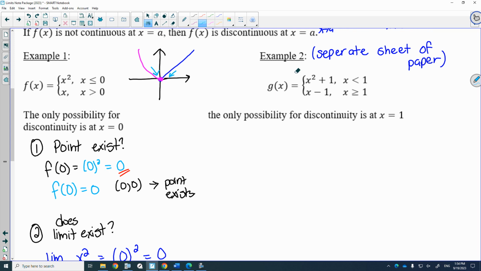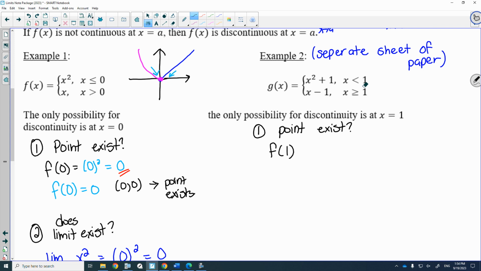And again, you might not have enough room, so if you're tight for room, you could do this one on a separate sheet of paper. Okay, so first thing you always have to check is, does the point exist? So f of 1. I know I'm testing 1 because at 1 there are potential breakpoints in my graph. There could be jump discontinuities or holes or something.